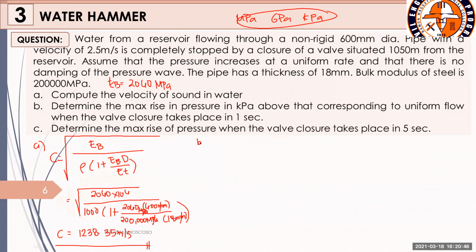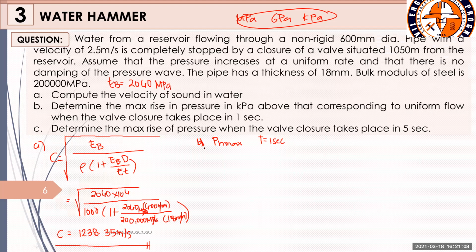So for letter B, let us determine the maximum P_H max when your T, that would be capital T dapat, or the time of closure, is equal to 1 second.